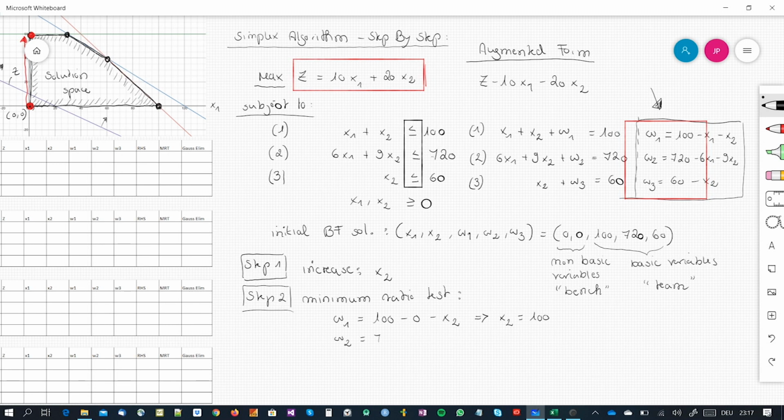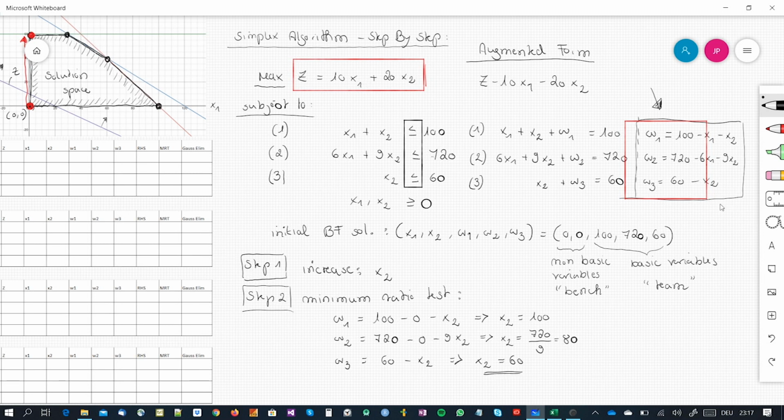Same now for the second slack variable, 720 minus 0 minus 9x2. So we could increase x2 until 720 divided by 9, which is 80. And W3 is 60 minus x2, and we could increase x2 here until 60.